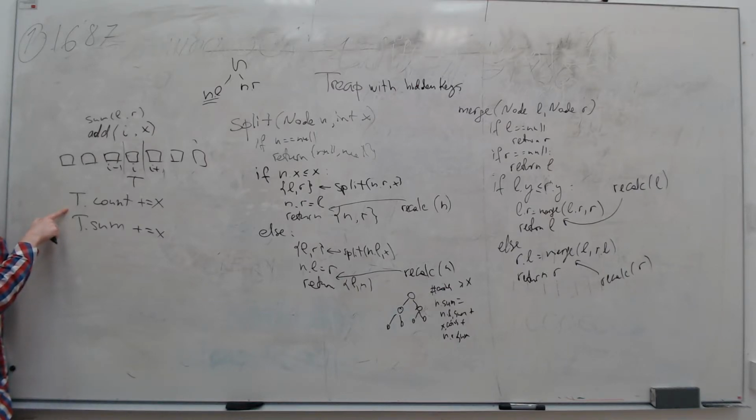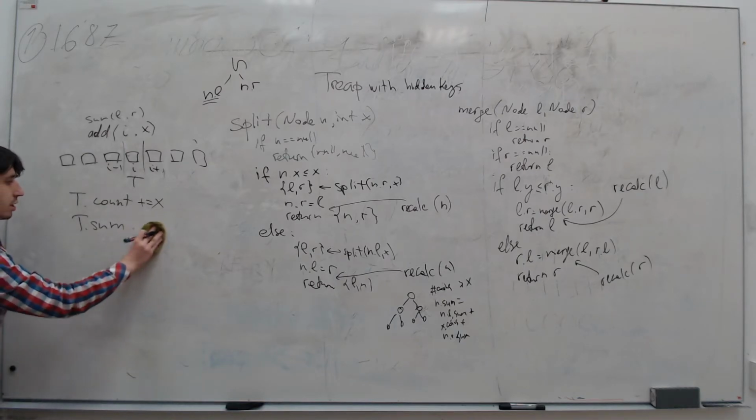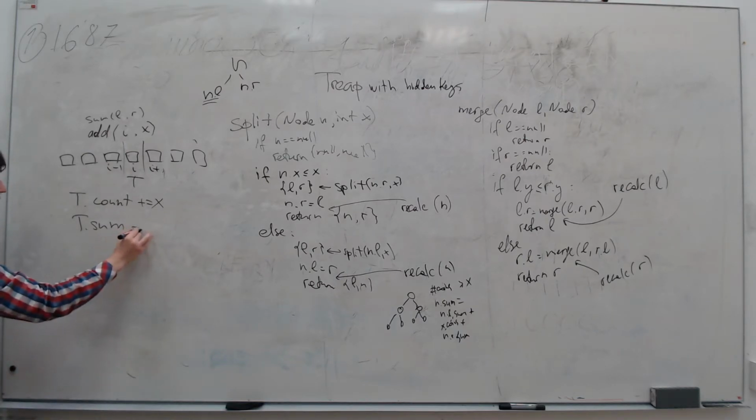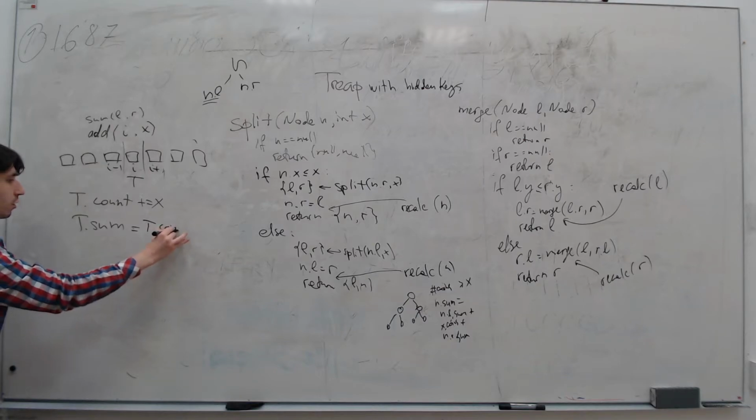Because t.count, the count of the node, is the total number of coins that person has. So if you add x coins to the person, you simply increase the count by x. And then you should also change the sum. Since it is only one node, we can write t.sum equal to t.count.